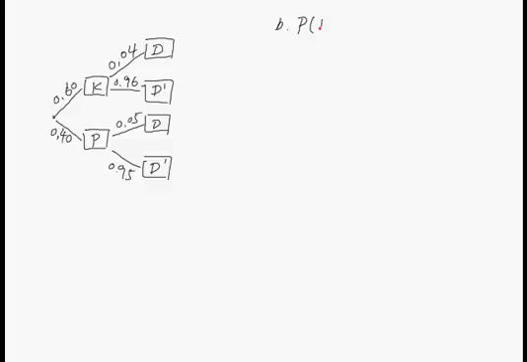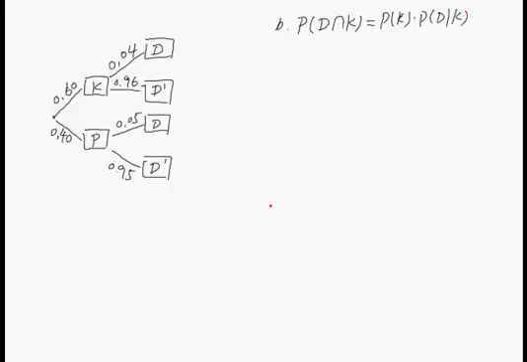So this is the non-conditional probability of D intersection K, and by the product rule this is equal to P of K times P of D given K.